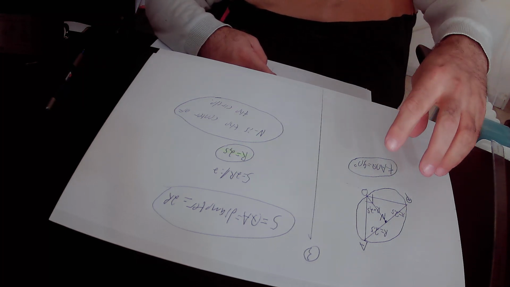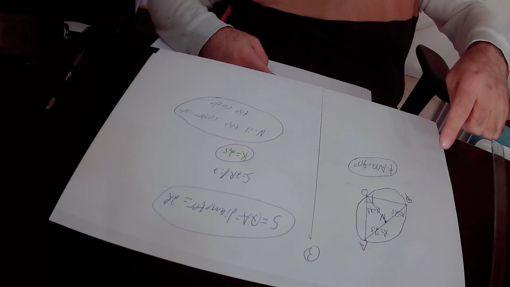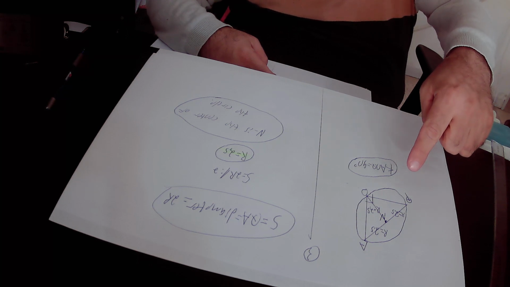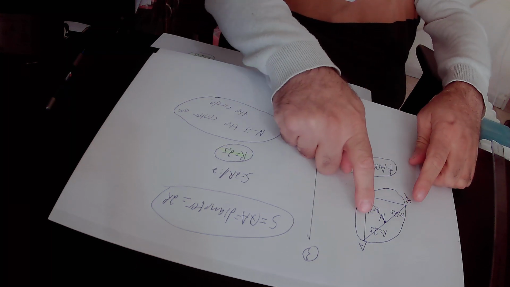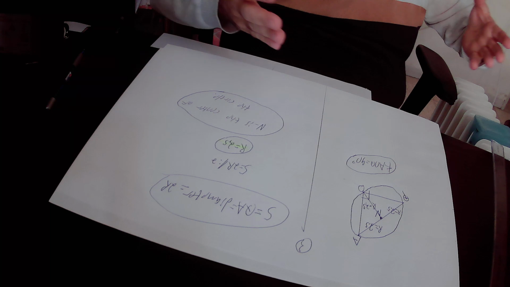But the radius of this circle also equals 2.5 units, and NQ is located on the diameter. Therefore, NQ must also be the radius of the circle. So we have here the two radii of the circle, AN and NQ. Where is the center of this circle?